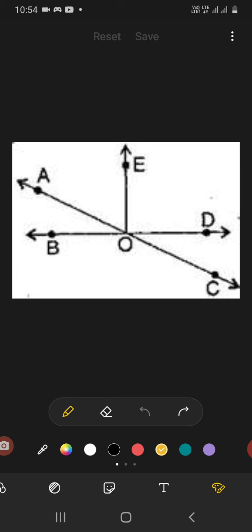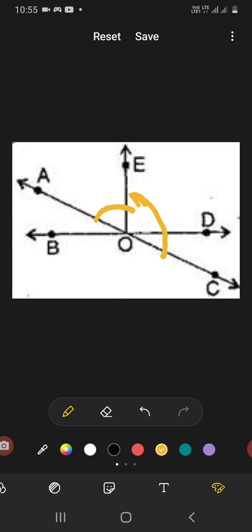Unequal supplementary angles. Unequal supplementary means the sum of the angles is 180 degrees, but the supplementary angles are not equal. Okay, here we see AOE and EOC. The sum of these angles is 180 degrees, but AOE and EOC are not equal.